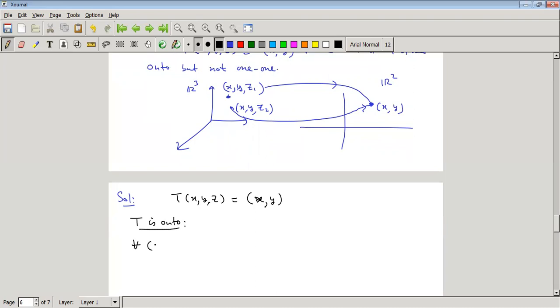Given any (x, y) in R2, there exists (a, b, c) in R3 such that T(a, b, c) equals (x, y). But because the transformation is given in terms of x, y, for any (x, y) in R2, there exists (x, y, z) in R3 such that T(x, y, z) is equal to (x, y).